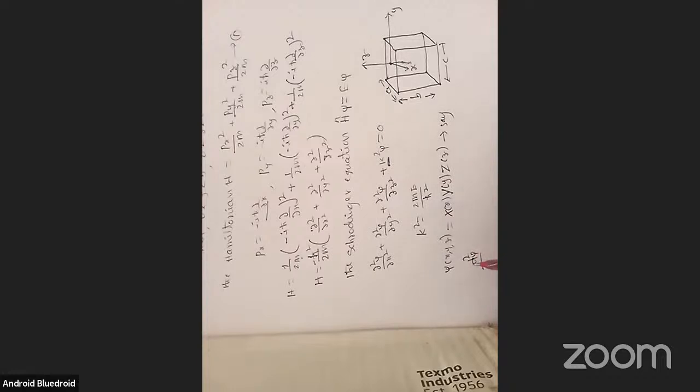d square psi by dx square becomes d square X by dx square into YZ, plus the next term d square Y by dy square, remaining XZ, plus d square Z by dz square, remaining XY, plus K square into XYZ is equal to 0.